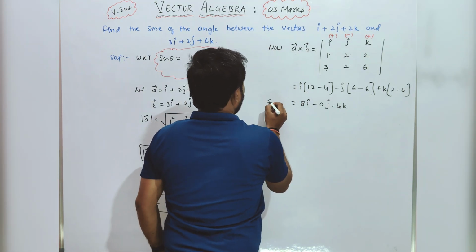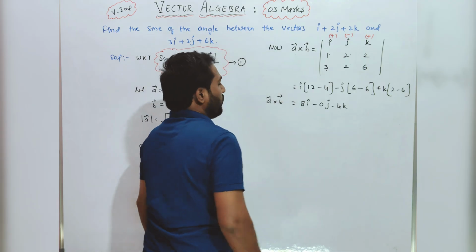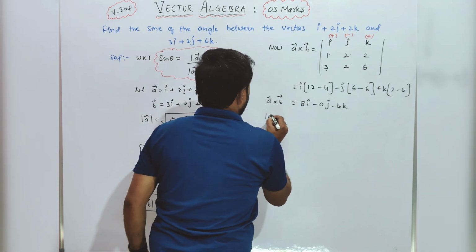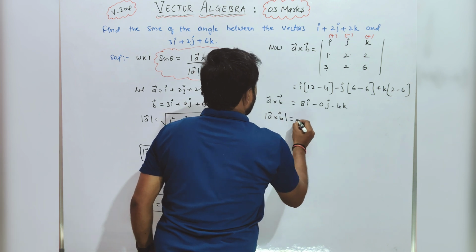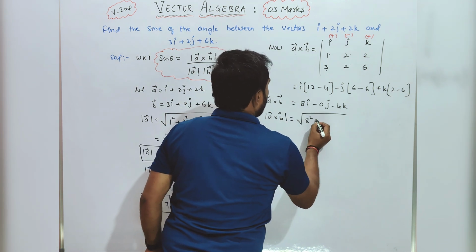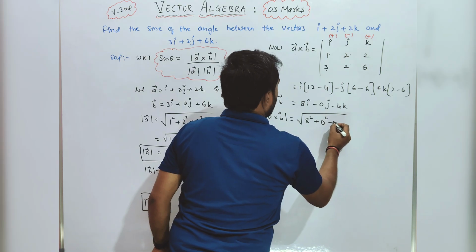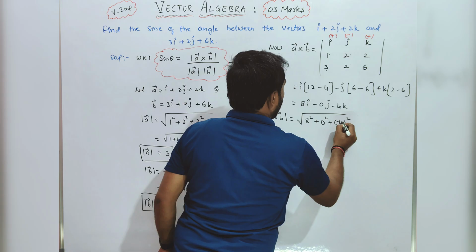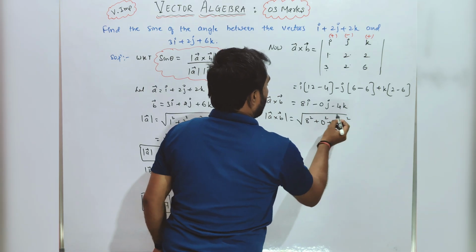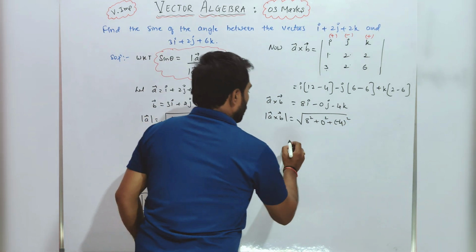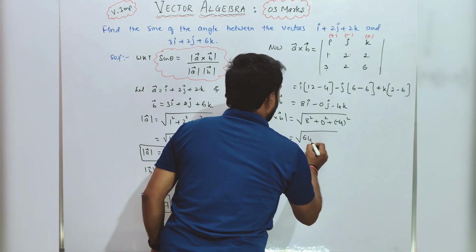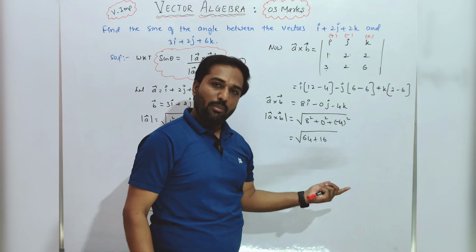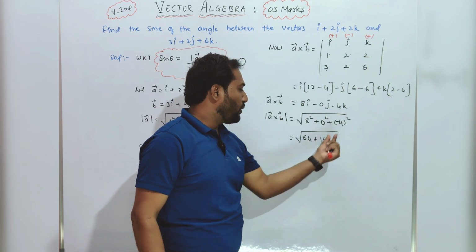So this is your A cross B. Now what do we need? Its magnitude. Let us find its magnitude. Magnitude of A cross B is equal to the square root of 8 square plus 0 square plus minus 4 square. In between, the plus sign is compulsory. The element is minus 4, so we write it as minus 4 square. So what are the values of these? 8 square is 64, 0 square we just leave it, and minus squared will be plus only, minus into minus is plus. So 4 square is 16.